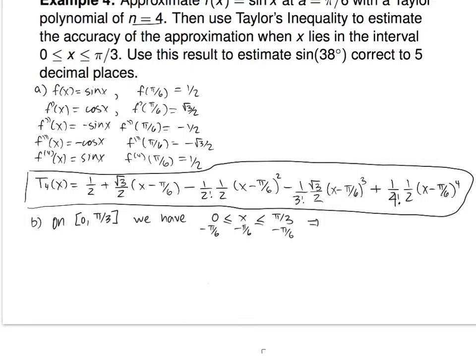Okay, so this implies negative pi/6 is less than or equal to x minus pi/6, which is less than or equal to positive pi/6, or the absolute value of x minus pi/6 is less than or equal to pi/6.